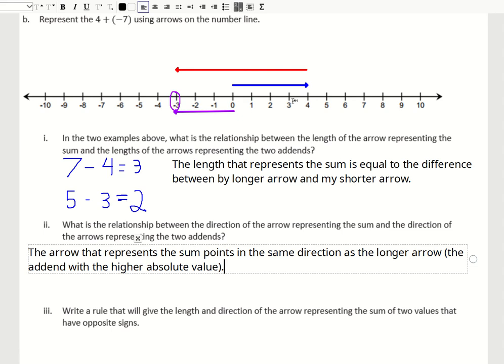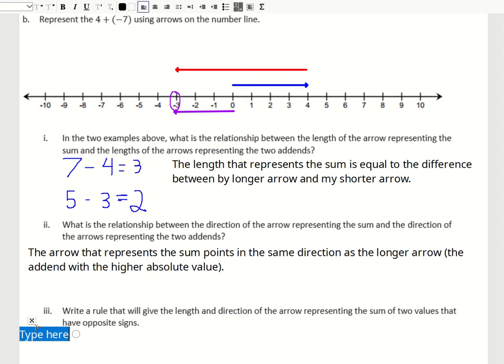Then it says, hey, write a rule that's going to give the length and direction of the arrow representing the sum of two values that have opposite signs. Well, basically, we're just going to have to combine what we've done here for 1 and 2. I'm going to put them together into a single sentence.